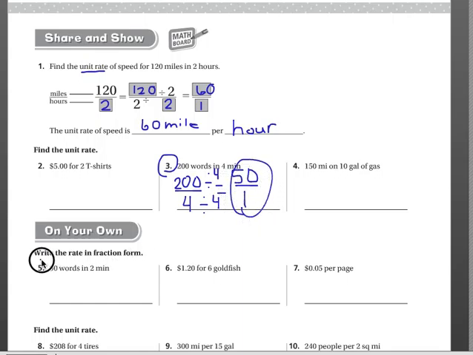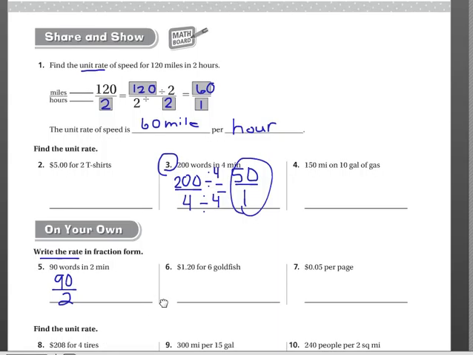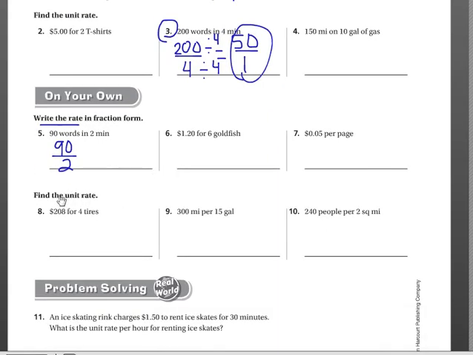If they're asking you to write the rate, all you're doing is writing your rate, so 90 words in 2 minutes. And when they ask you to find the unit rate, that's where you're going to have to find your rate first. So let me find my rate first, which would be the 300 miles for 15 gallons.